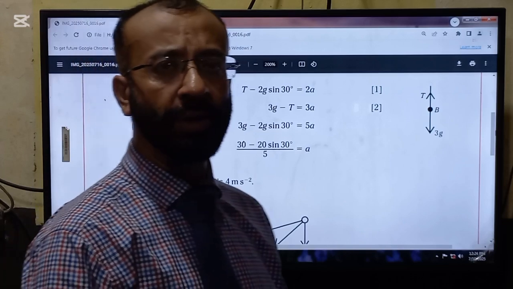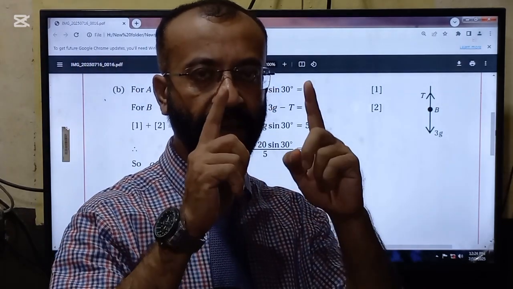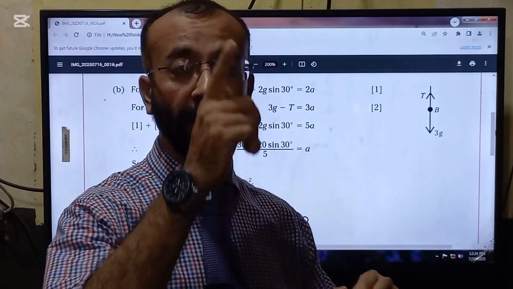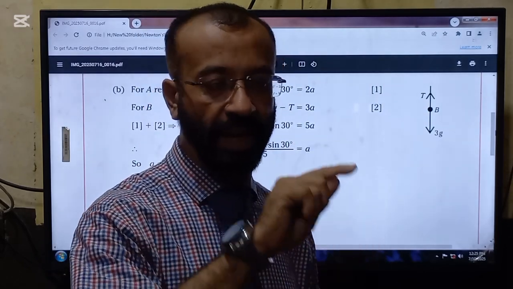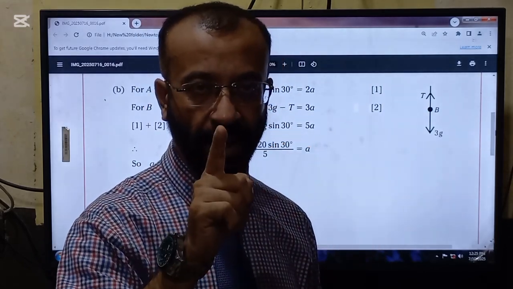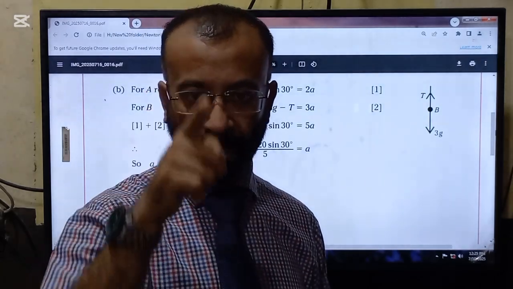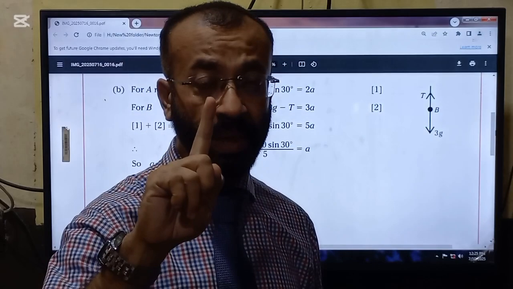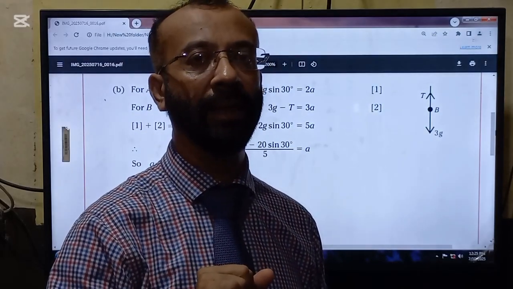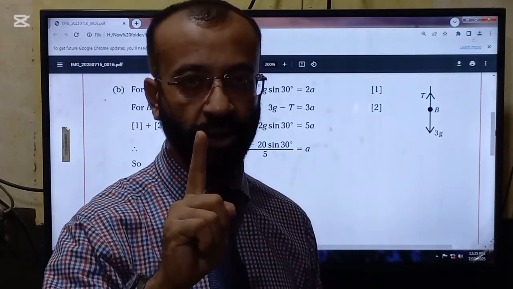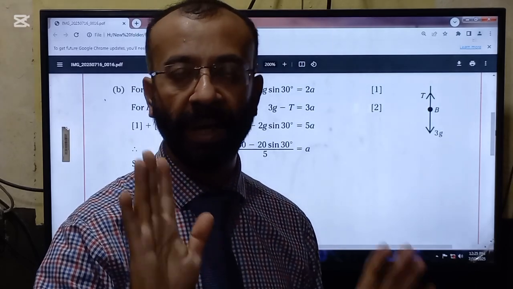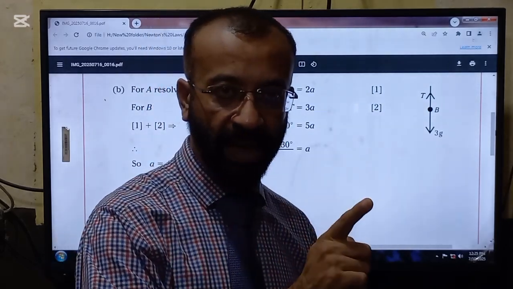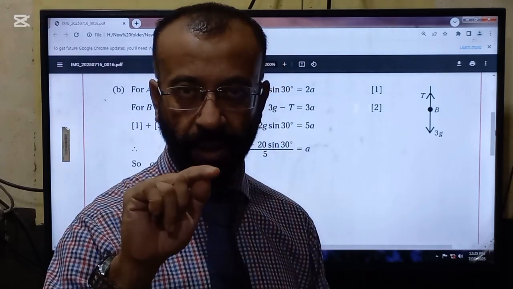The last thing that was required is the force acting on the pulley. Again, look, the inclined plane was making an angle of 30 degrees with the horizontal.